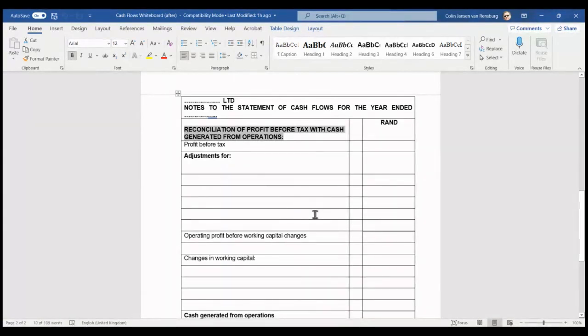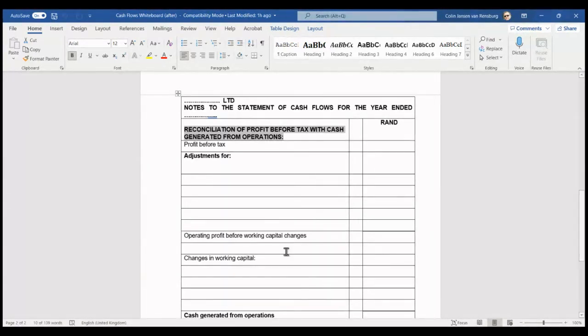That really summarizes what this note is all about. And remember, this is simply the cash generated from operations disclosed by using the indirect method. So it's a reconciliation of profit before tax with cash generated from operations.